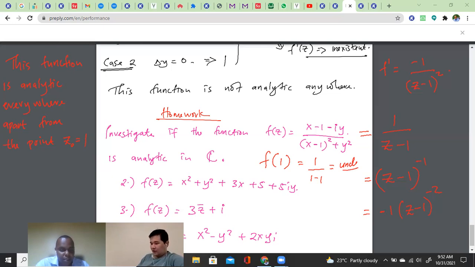I get it. So we're clear with analytic functions, but continuity is a different thing than analytic, right? Continuity we can also find by the limit and the value of the function at this point, and they must be equal to be continuous.